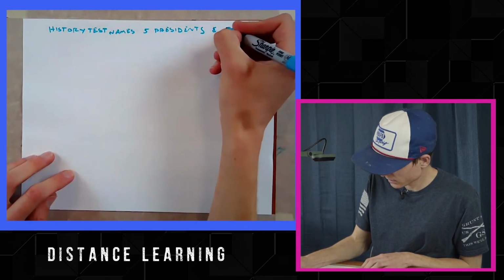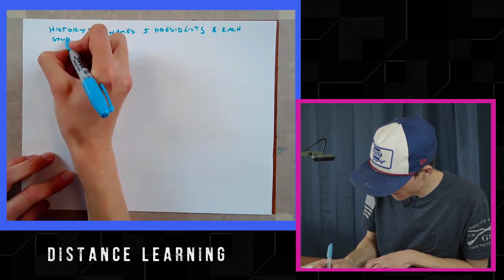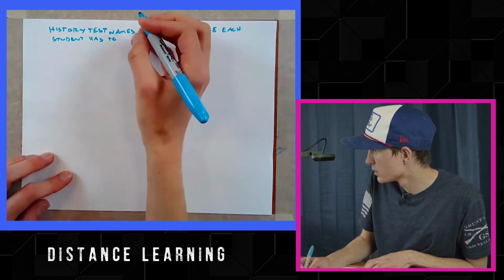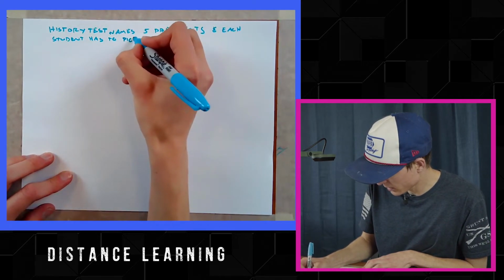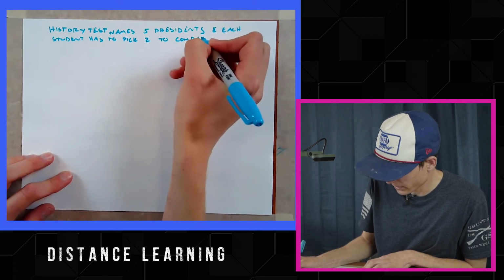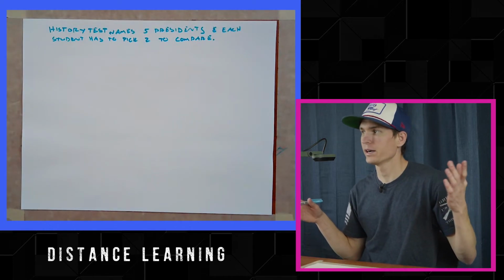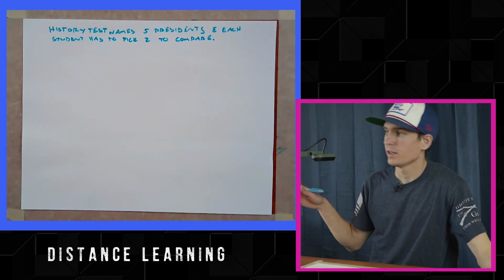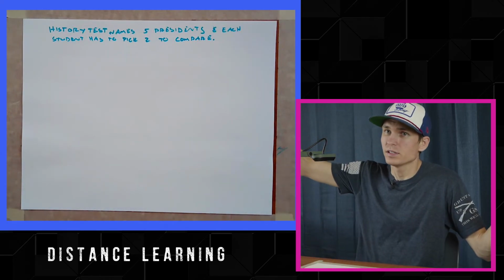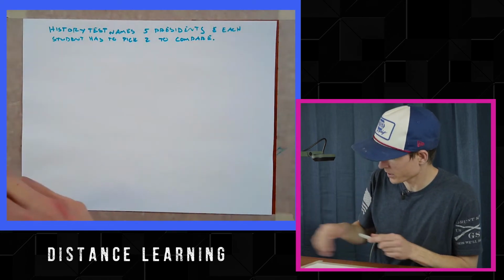And each student has to pick 2 to compare. So I might have to compare Bush with Obama. I might have to compare George Washington with Garfield. You know, who knows? I struggle to think of 5 presidents.